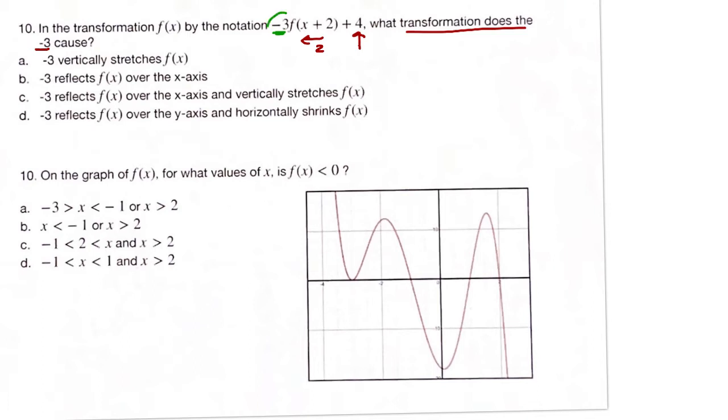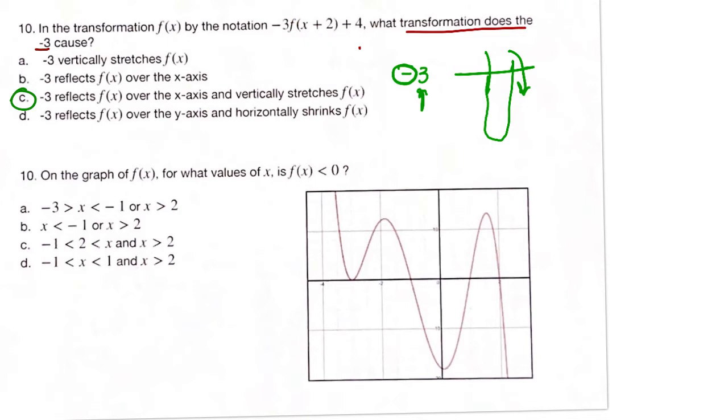Well, if you think about that negative 3, and whatever comes out of your function f of x plus 2, that negative 3 is going to take the answers and make them all negative, so that causes your graph to flip upside down. And then this 3 is going to make it stretch like that. So we know it's going to do a stretch, and it's going to reflect over the x-axis.